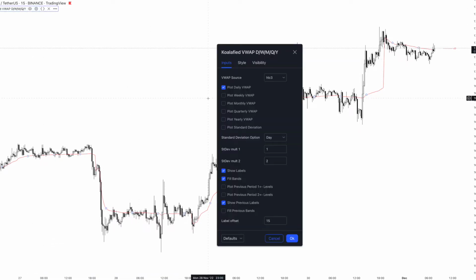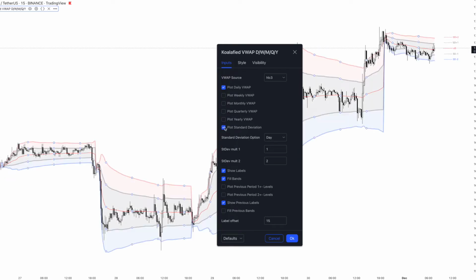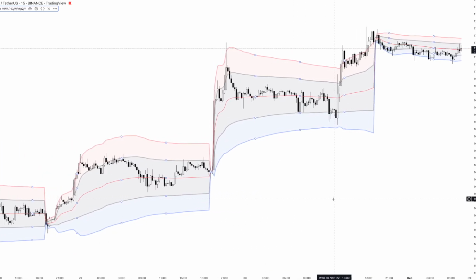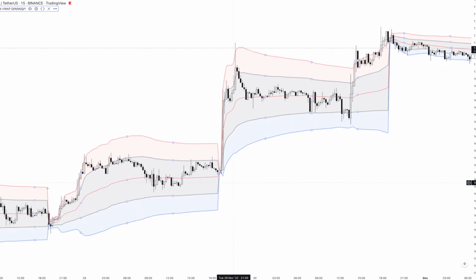When you come into the indicator, you want to plot the standard deviations. And again, you can change these colors, but what you're looking for is a move away from VWAP after open, an impulse away from VWAP, and then very simply, your TPs are the standard deviations.